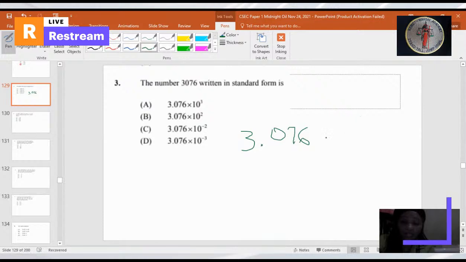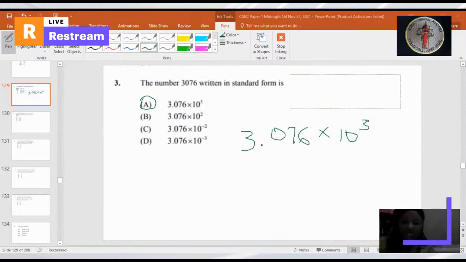How many places would we need to move to the right to get it to the original number? So we would have had to move 1, 2, 3 places. So it would be times 10 to the positive 3. And that is A. So 3.076 times 10 to the positive 3.